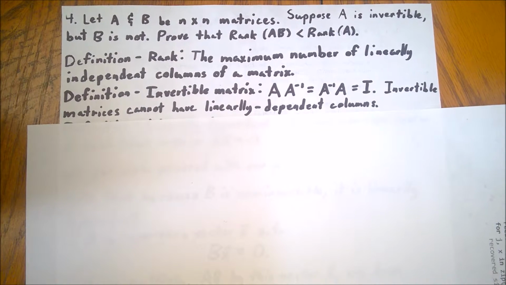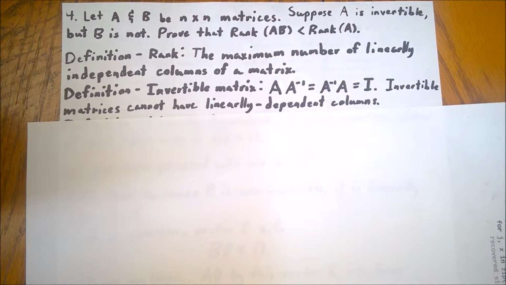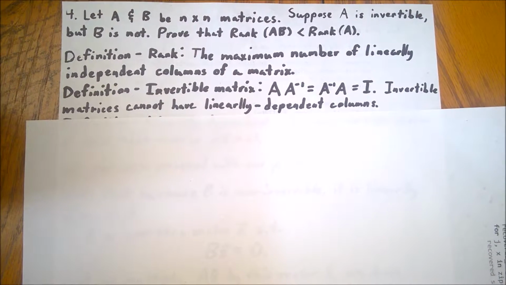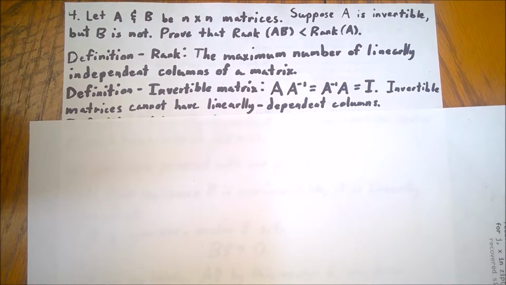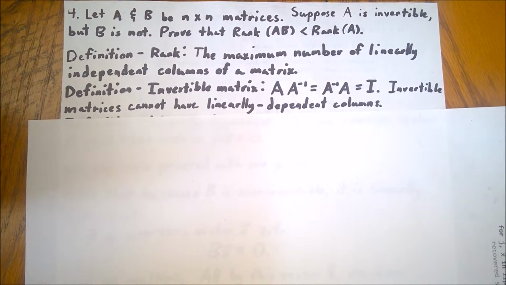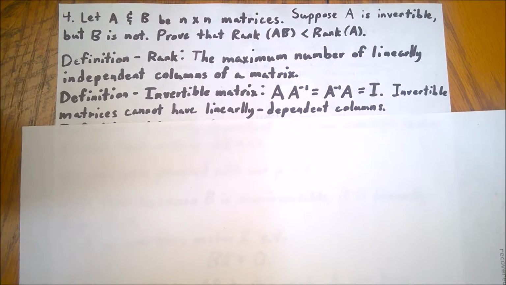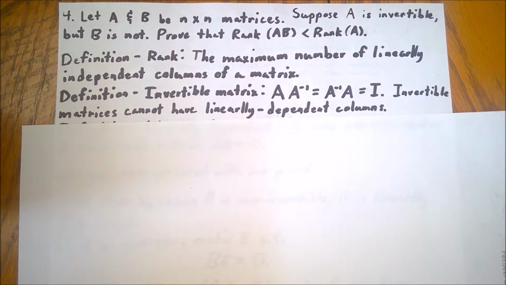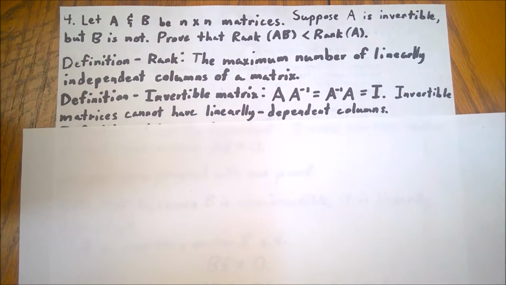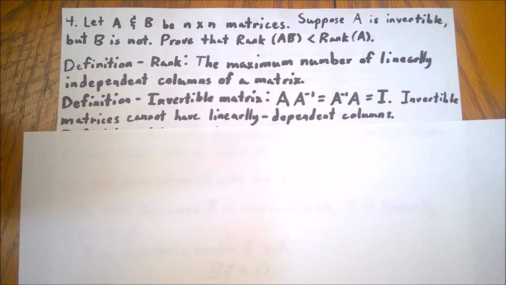If you have linearly dependent columns in a matrix, you can have technically more than one solution, and that goes against the very definition of an invertible matrix. So keep in mind that invertible matrices need to have a unique inverse.